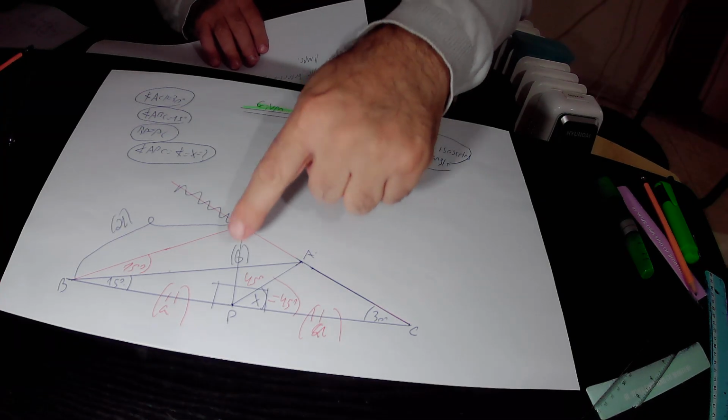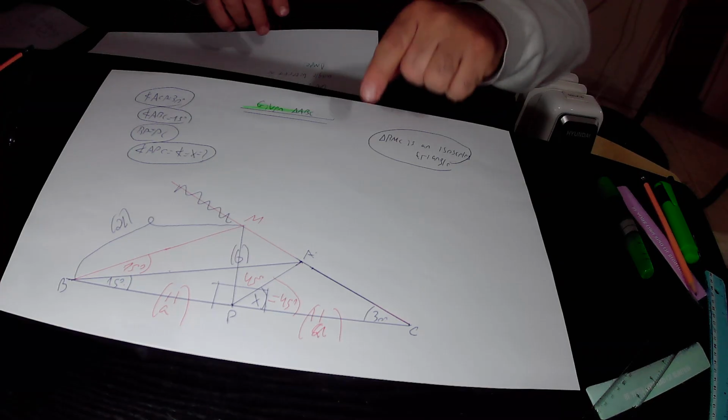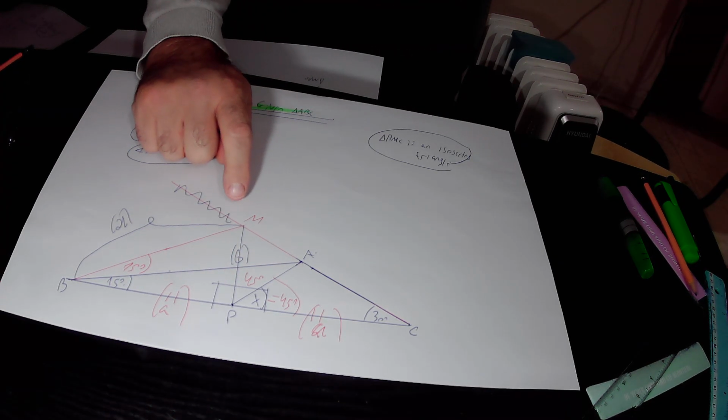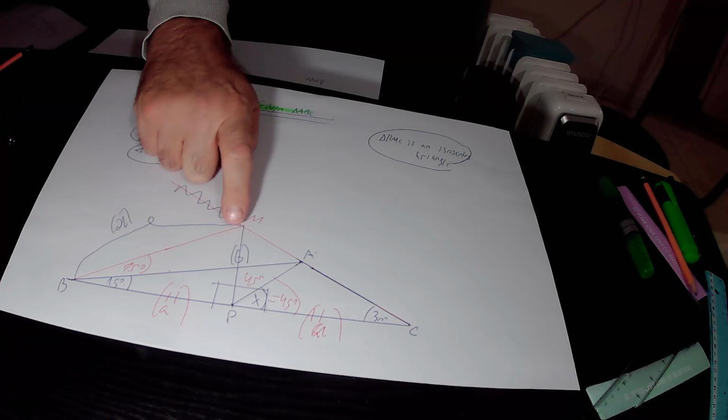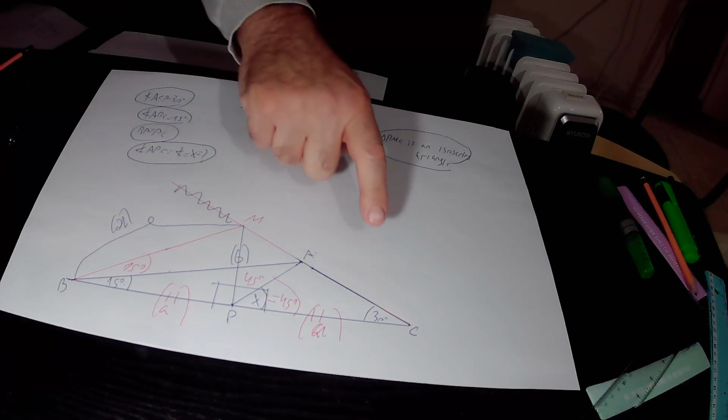So this is the right triangle MPC. In the right triangle MPC, line segment AP divides the sides of this triangle proportionally. That is to say, B over A equals MA over AC.